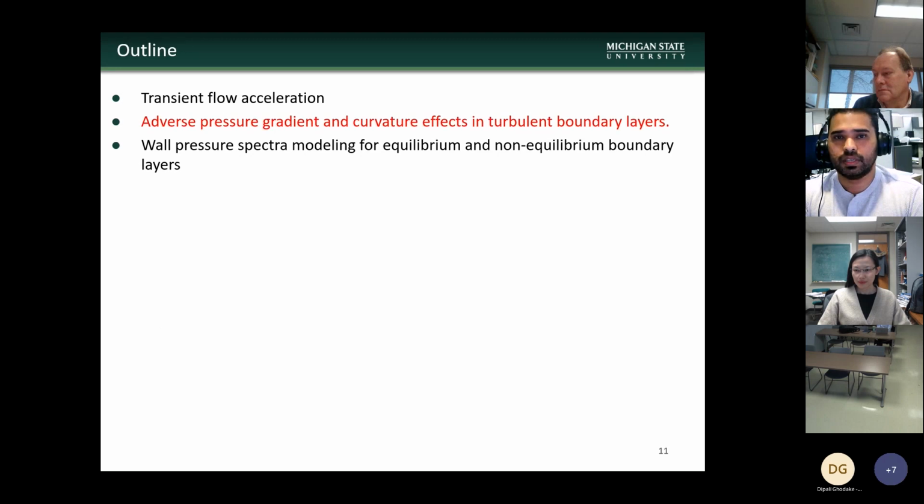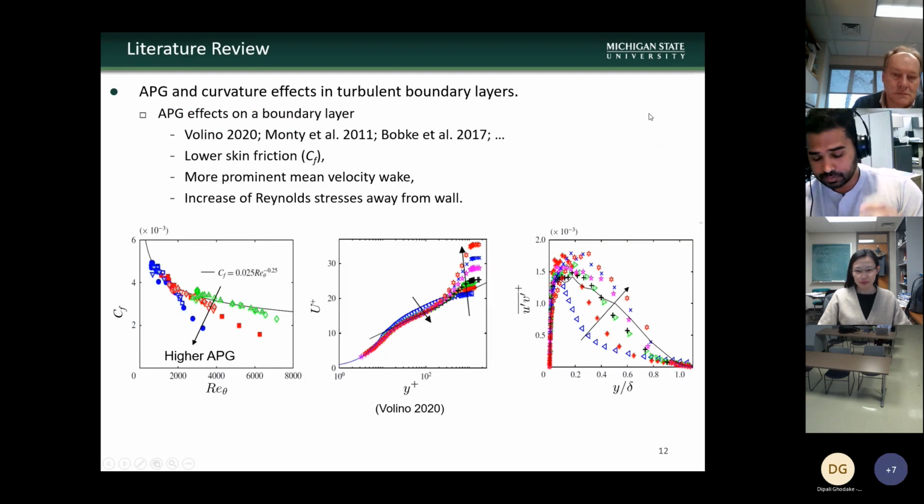So let's start with one of the main goals today, focused on adverse pressure gradient and curvature effects in turbulent boundary layer. When it comes to adverse pressure gradient effects on turbulent boundary layer, there have been several seminal contributions in the past decade.